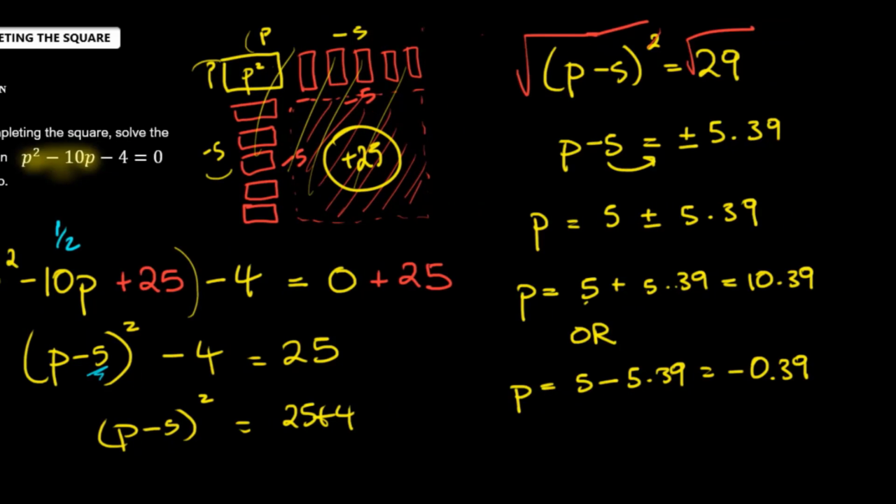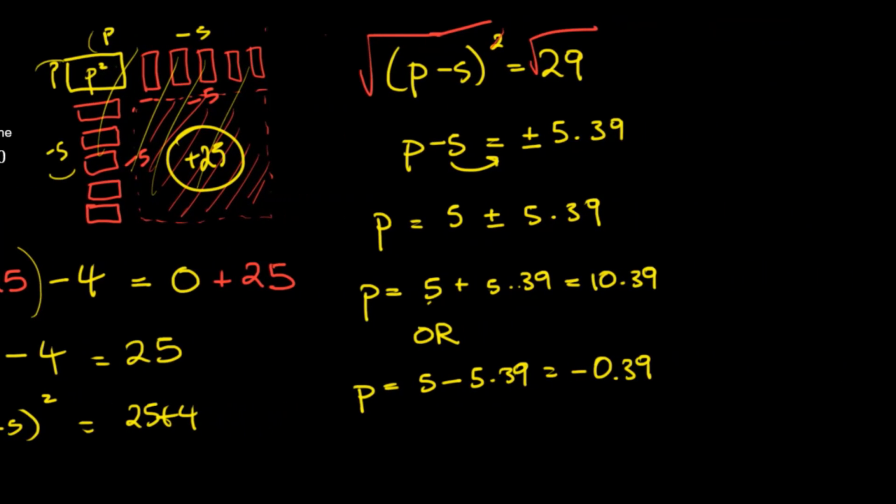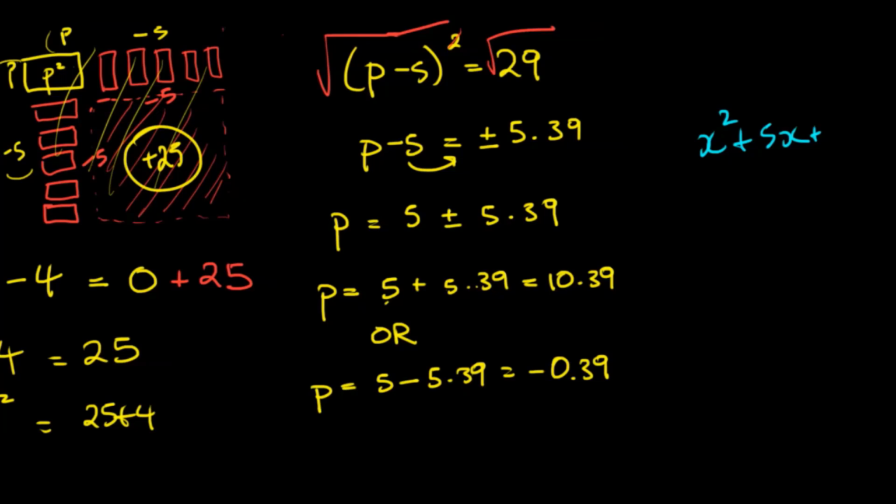So for example, let's say I was completing the square of another expression like x squared plus 5x. The number that I'd need is half the coefficient of x, which would be half times 5, which is 5 over 2, and then I would square it.